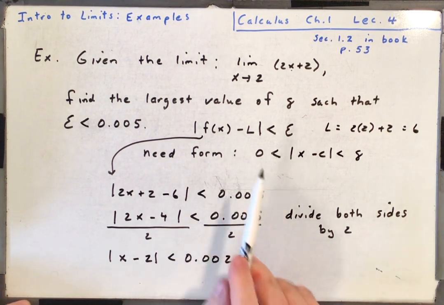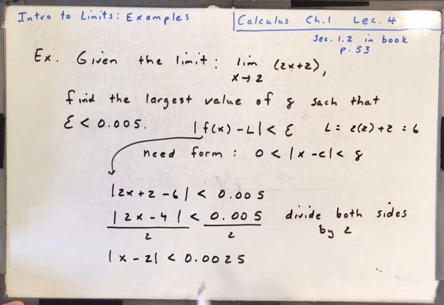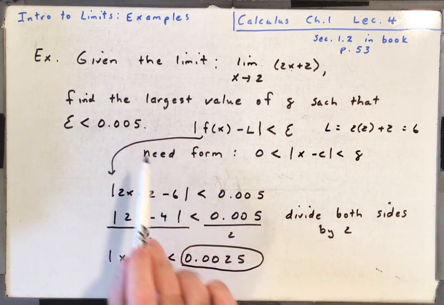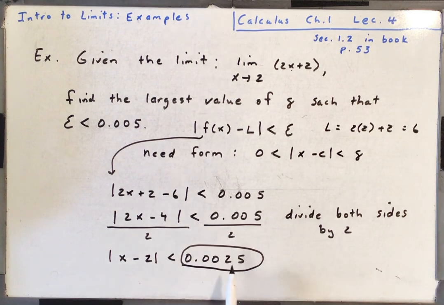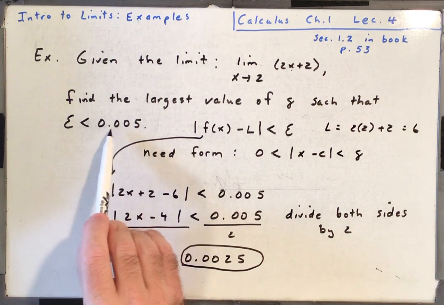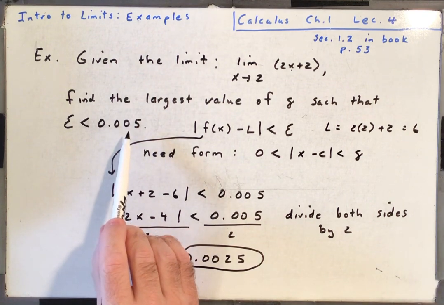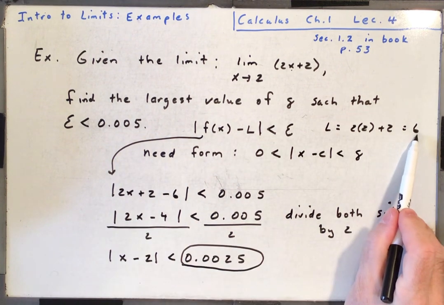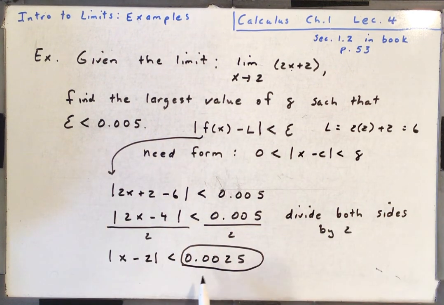And that answers the question. That is delta, the largest value of delta, such that epsilon is less than 0.005. That's how close we can get to the x value of 2. It will give us a y value that's in the interval of 6 plus or minus 0.005. Our limit, our y value, is 6, so plus or minus that. X would be plus or minus 0.0025.